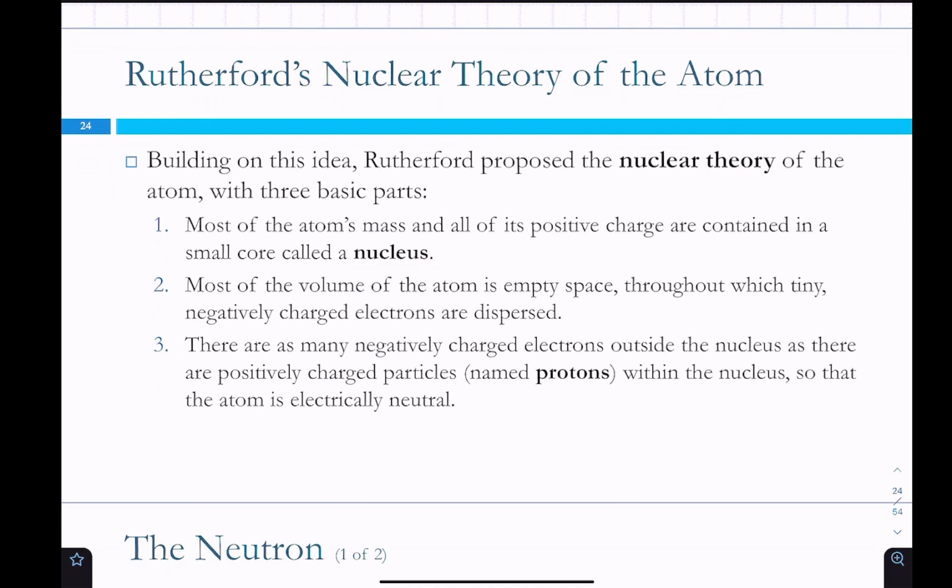And three, there are as many negatively charged electrons outside the nucleus as there are positively charged particles, or protons, inside the nucleus, so that an atom is electrically neutral. And everything wants to be charge balanced. So this all made a lot of sense.